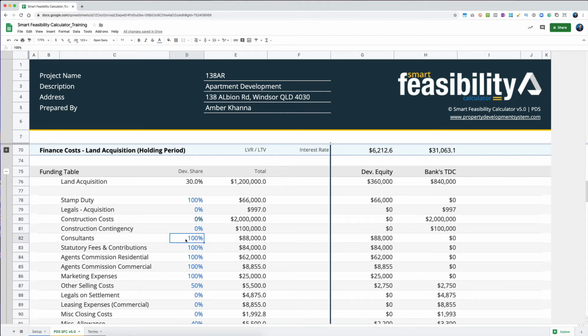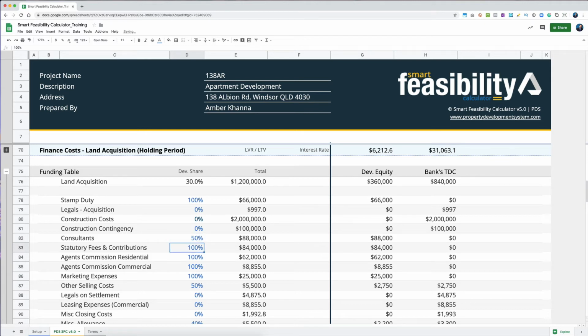So consultants. If you've got consultants now, there could be a scenario where you already got a permit and you've already spent 44 grand, but the bank says, look, this is a good development. We can allow you to add these costs, which is you were trying to get the working drawings or the construction-ready drawings done with your consultants and so on.